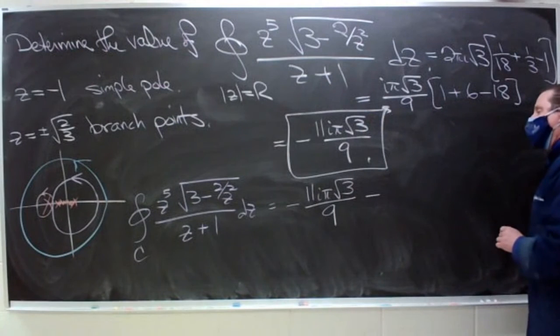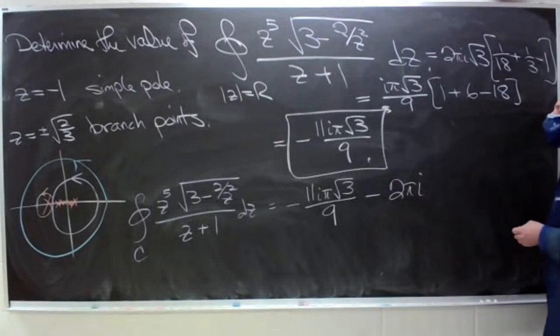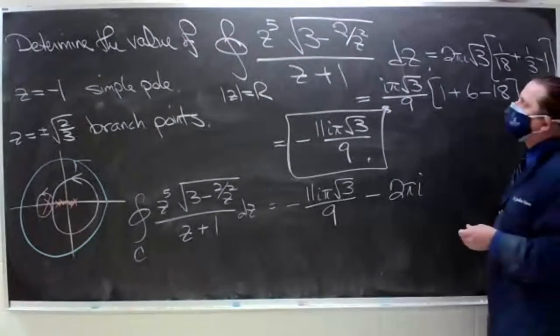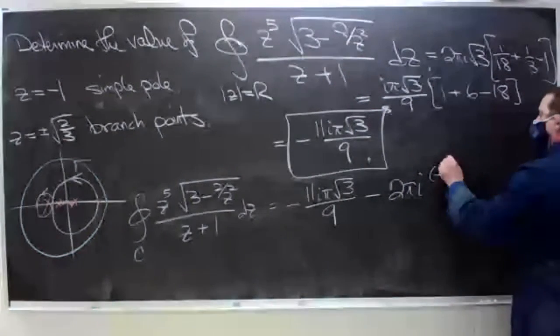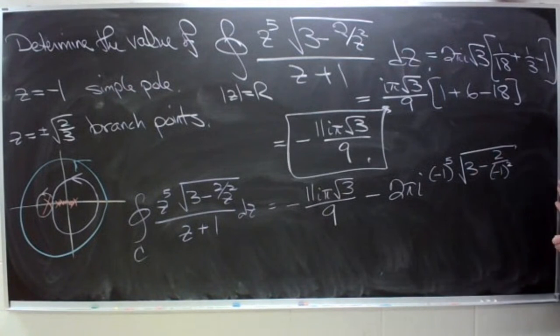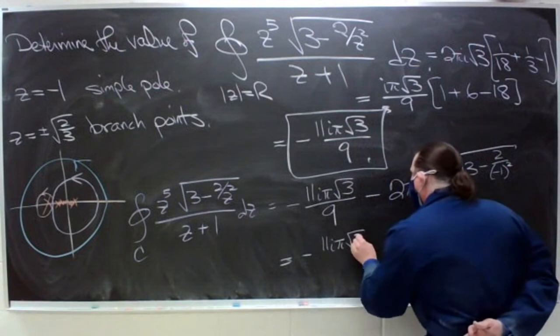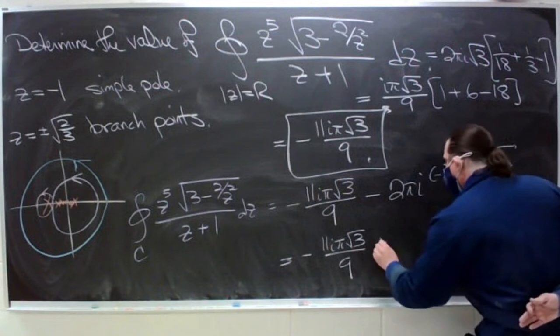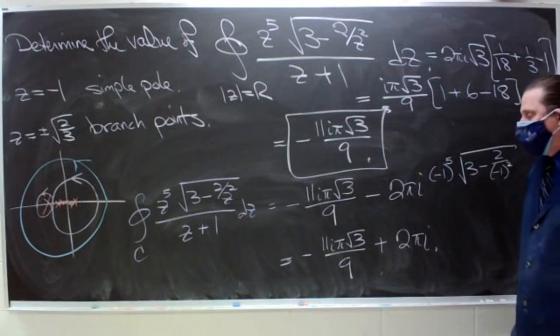So that means that I can simply use Cauchy's integral formula to determine this integral. So it'll be 2 pi i times the value of this function, the numerator function, at negative 1. So that's going to be just like that.